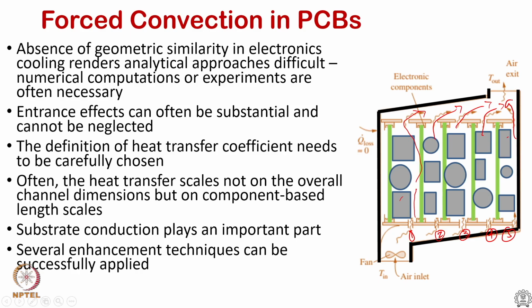So, one can apply the first law and do the analysis. However, the question arises: you can see that these orifices, some are large, some are small. That is to say that the heat dissipated by some of the components here may be much higher in comparison to these, so larger airflow is required. So, airflow balancing is done in such a way that the flow lengths are maintained the same.